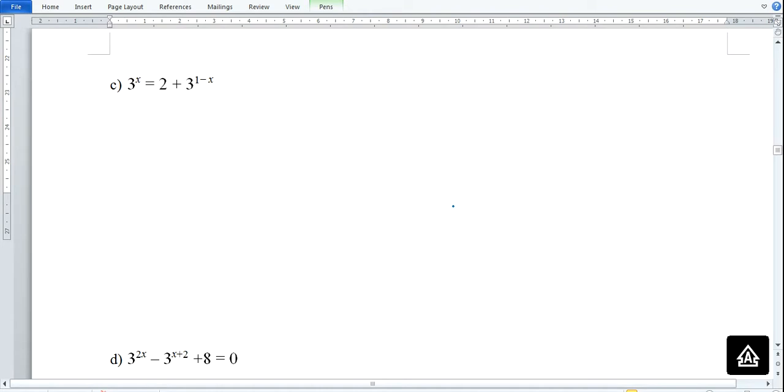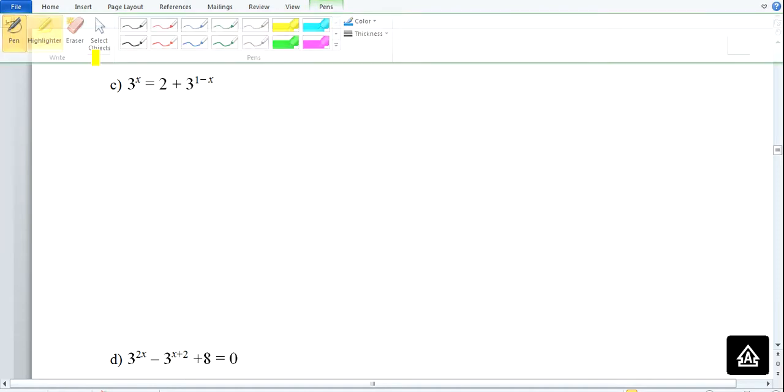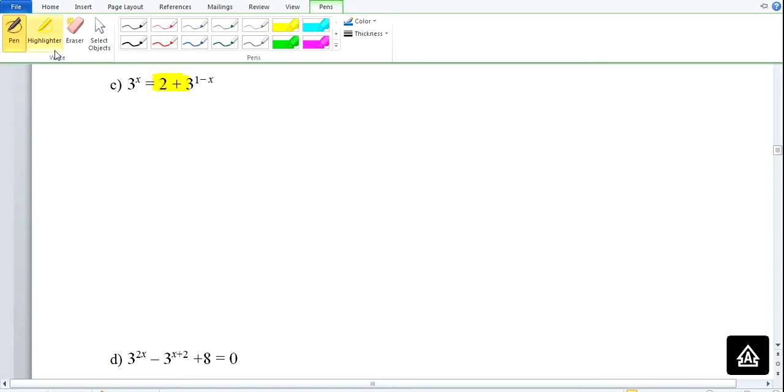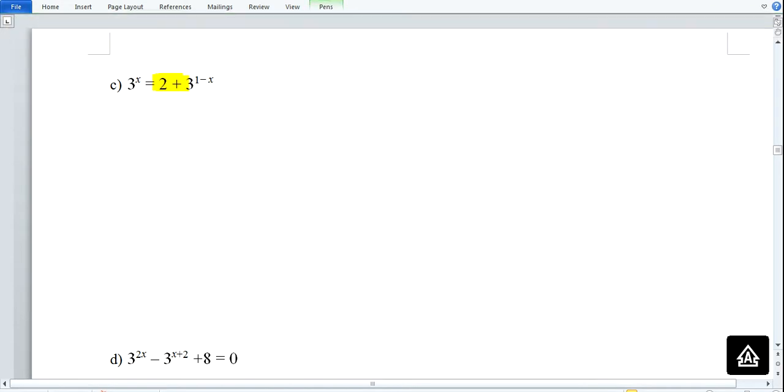Now again, the next question has an exponential and there is a positive sign at the base level. So again the trick is to replace 3 to the power x. But right now, before we do that, this power is 1 minus x.